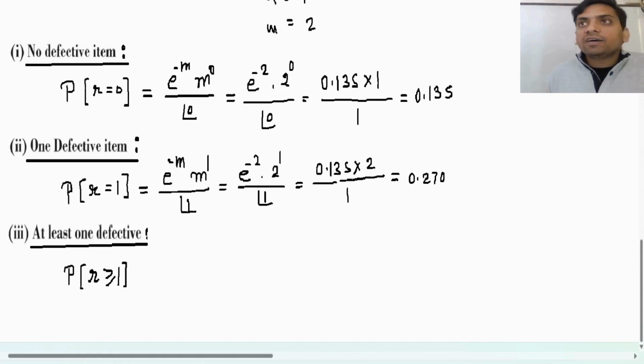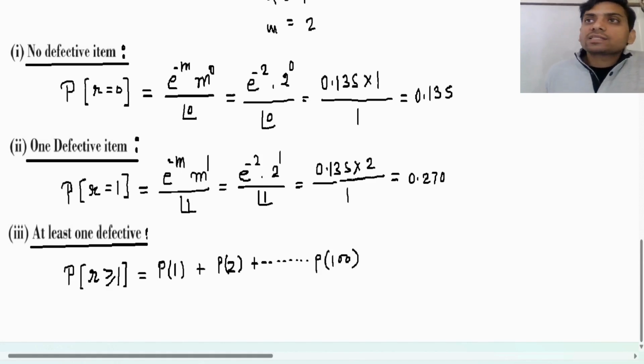This may be 1, 2, 3, and up to 100 because the total is 100. Your target is to find the probability of one defect, two defect, up to probability of 100 defect.